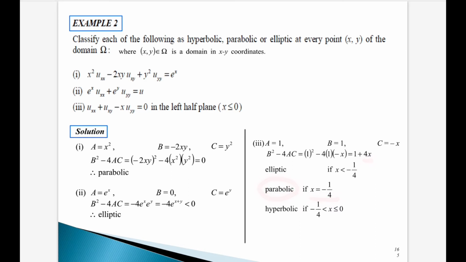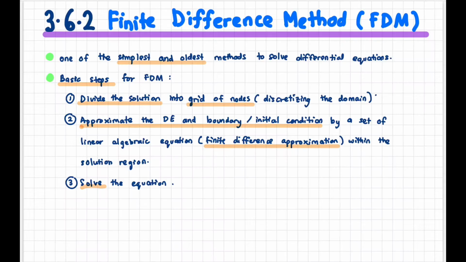So it is parabolic. And if the value of x is from -1.4 to 0, you will get the value of this greater than 0. So it will be hyperbolic.